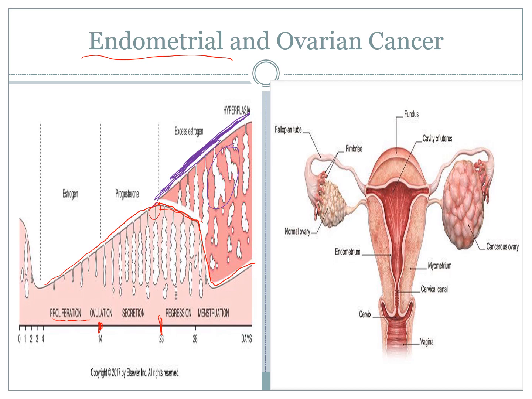Okay, so clinical presentation is enlargement of the uterus. You can actually palpate it. And then postmenopausal bleeding is the most common presentation because it's more associated with the elderly.